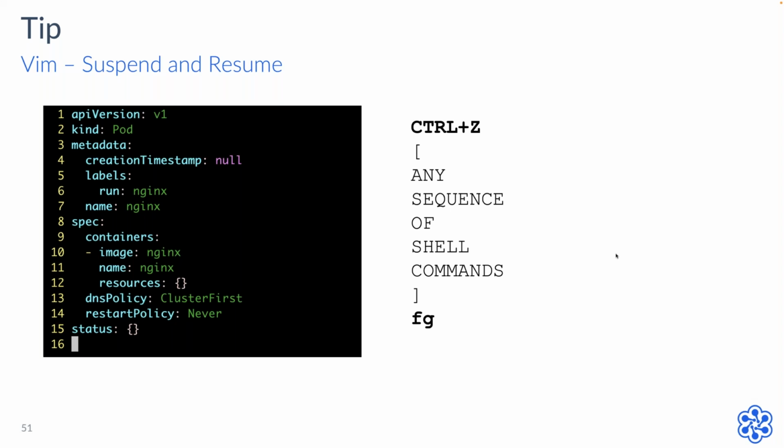It may be that you need to do some more analysis, some more investigation, some more research within your cluster. You can run any sequence of shell commands, including obviously kubectl. And then once you've sourced some more information, you can type fg to bring the Vim session back to the foreground, and then you can complete your editing as per the research you just did on the terminal. So very useful.